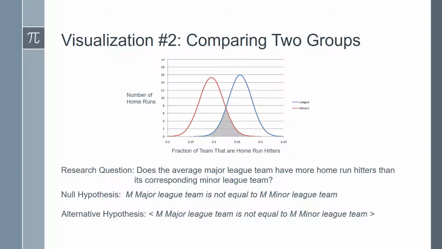And obviously the alternative hypothesis will be the mean of the major league team is not equal to the mean of the home run hits of the minor league team. So after conducting the hypothesis test, we can see whether the hypothesis is statistically significant or not.